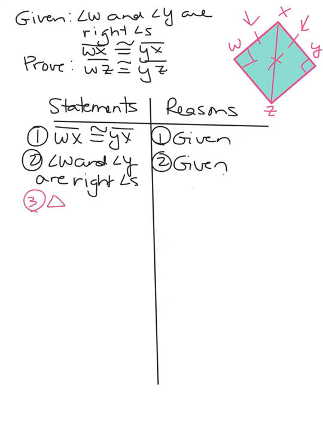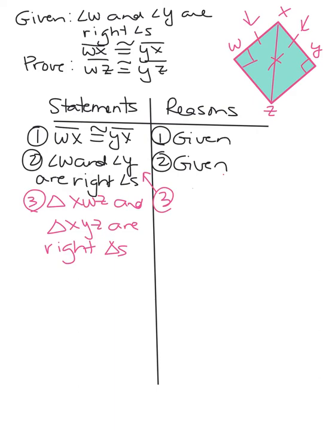So I'm going to say triangle XWZ and triangle XYZ are right triangles. Now I know that's true because of the statement I had before, because I showed that there is a right angle in each of these triangles. So this is going to be because of definition of right triangle.